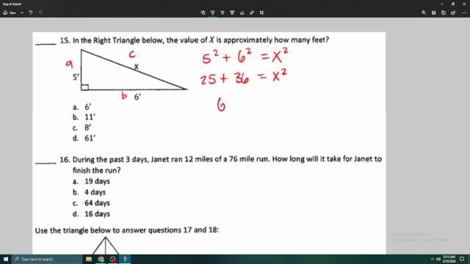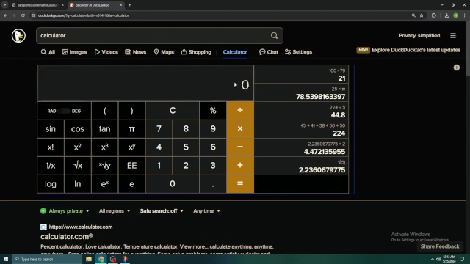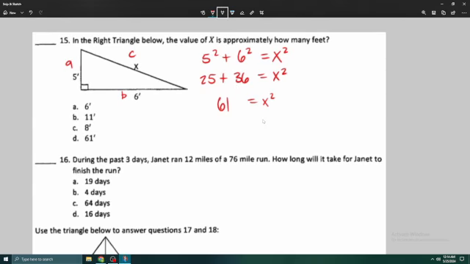Ugh, this is going to be a gross one. Okay, so let me break out my calculator. 25 plus 36, let's check my work. 61. All right, let's find the square root.